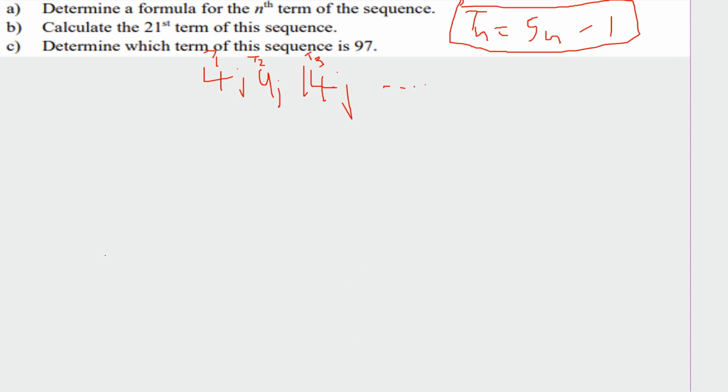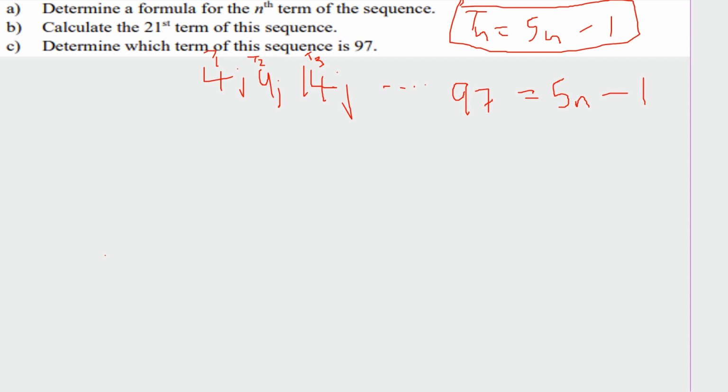So now, from our equation, Tn is equal to 5n minus 1. They have given us the value of Tn, which is 97. So 97 equals 5n minus 1, because now we don't know the position. They did not give us the position, they just gave us the value. We determine the position, which is n. Then from here you just simplify.